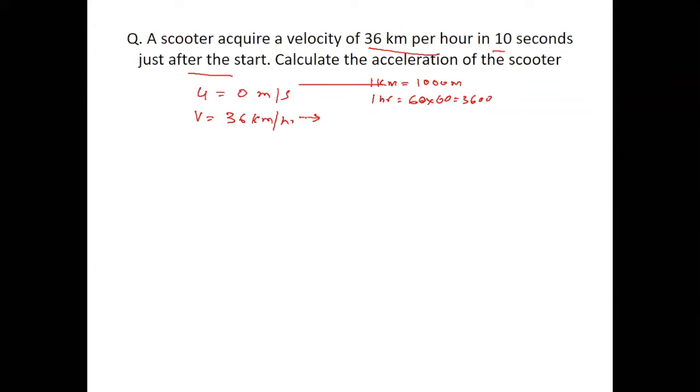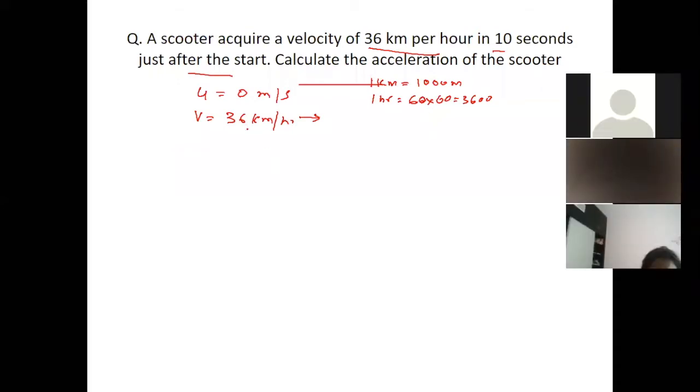How much it comes? Student, give the answer. Can you calculate? 10 meter per second. Good.